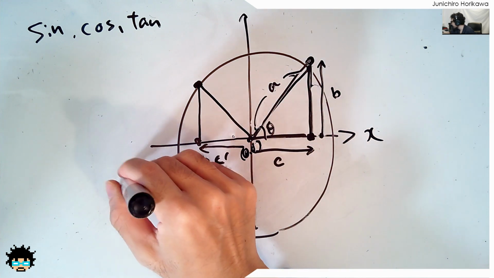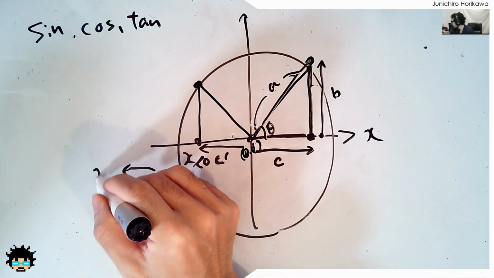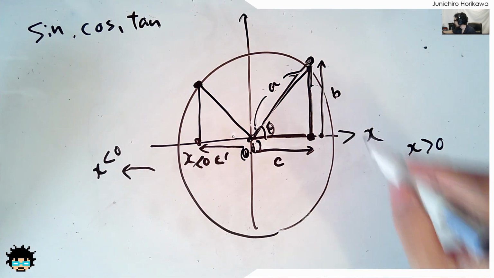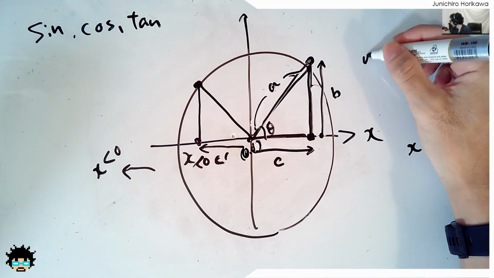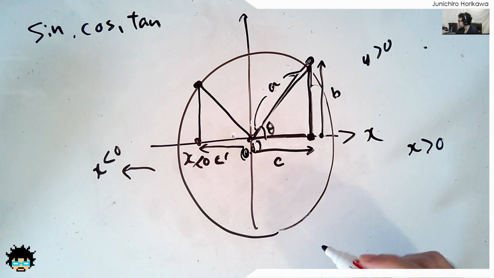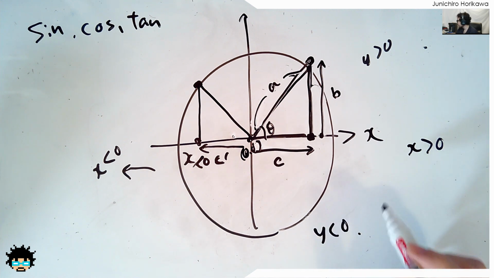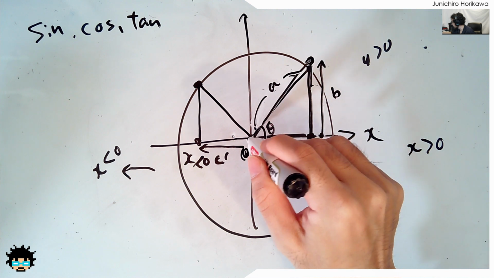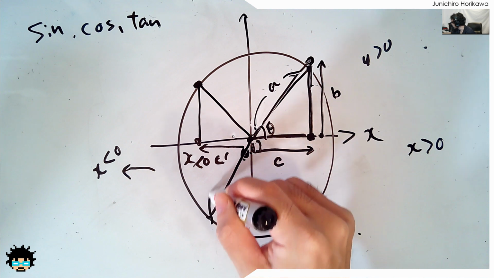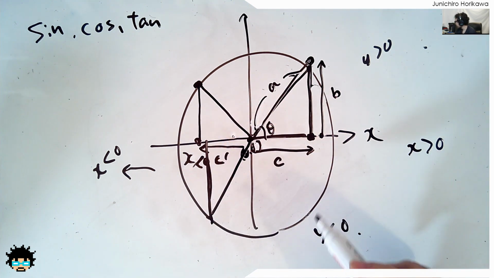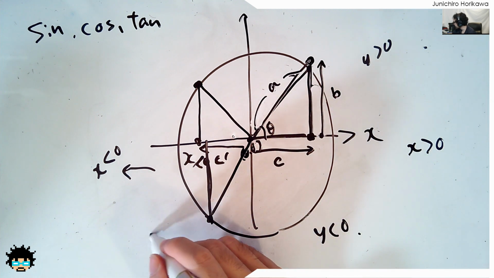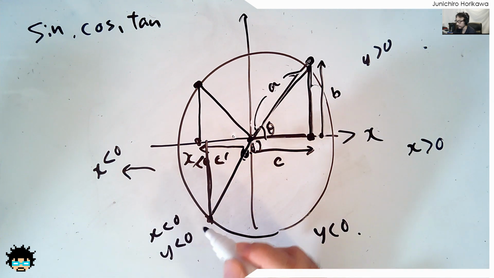So on the left side the x value is negative, and to the right side the x value is positive, and on the top side the y value is positive, and the bottom part, the y value is negative. So if you have a triangle, if you have an intersected point right here and an intersection like this, then for this point the x value is negative, and the y value is also negative.